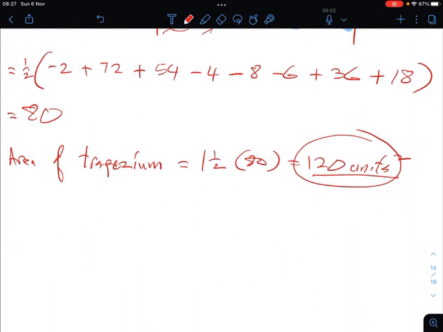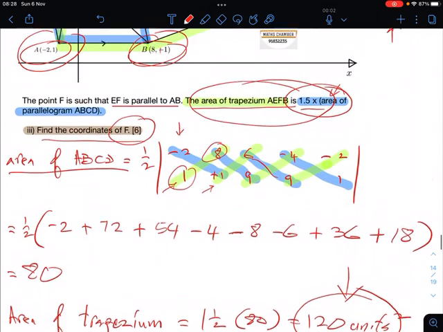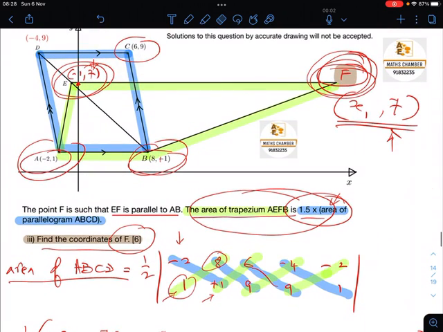Yeah, that means instead of just 120, we're going to compare this 120 with our area. So get all the coordinates: negative 2, 1, 8, 1, x1, don't forget. Okay, remember we have to go in the anti-clockwise direction. Follow?